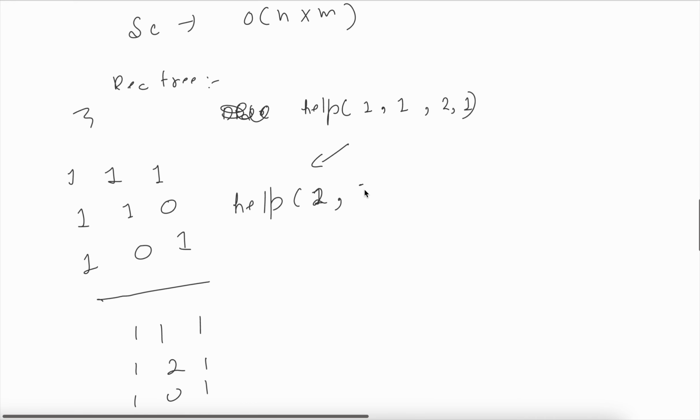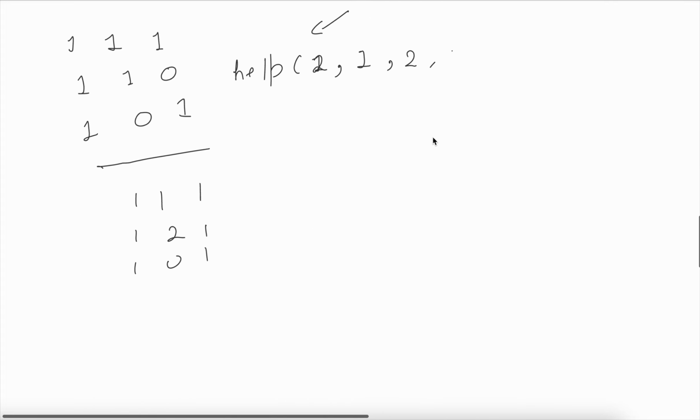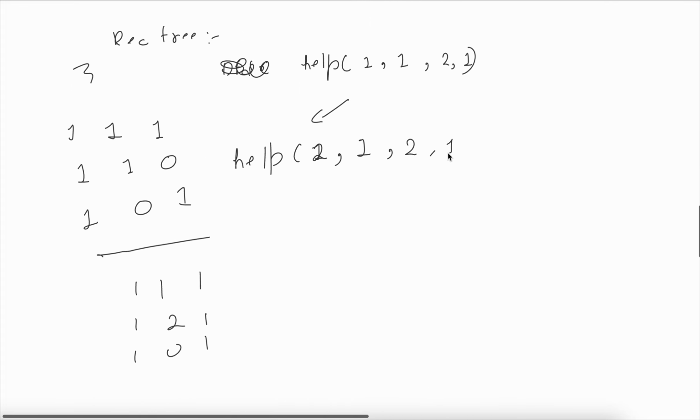2 comma 1, current. Color is 2 and old color will be the same. Now we will go into this function, help 2 comma 1. Now we check whether it is a boundary condition. 2 comma 1 is this.